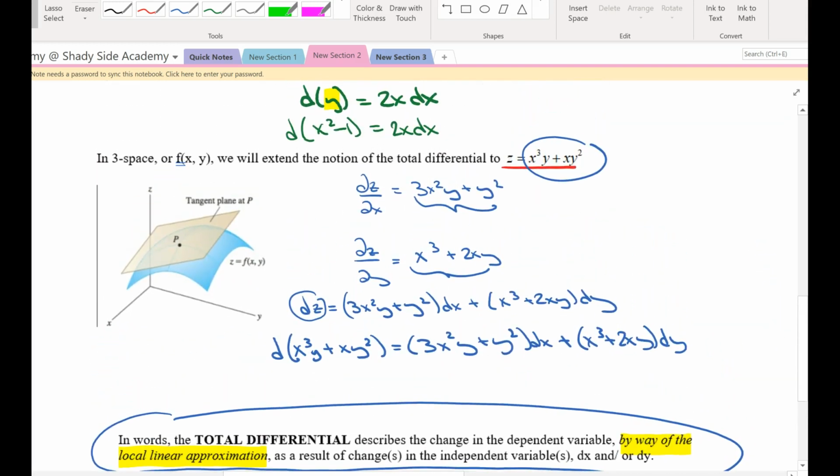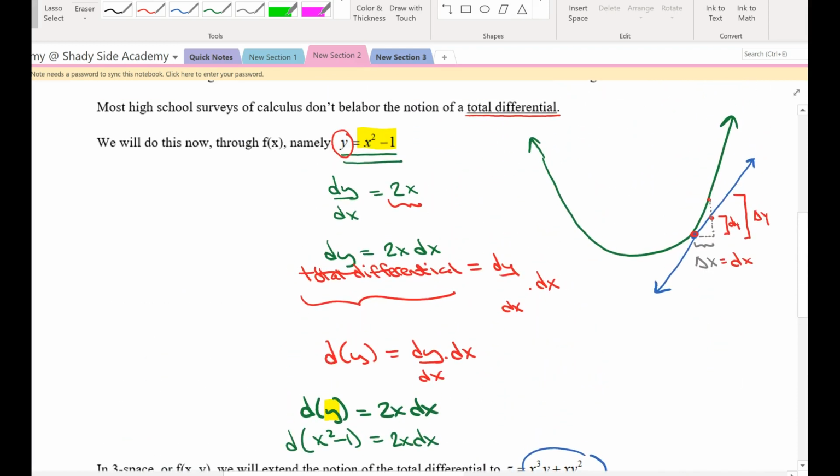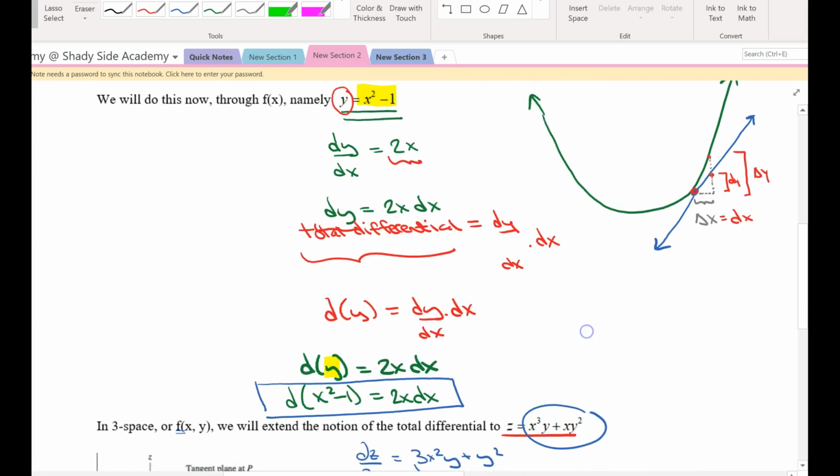Before I move on to the actual lesson now, there's one thing that I want you to make sure you see. You probably see it very clearly here. Everyone here sees that when I write the total differential statement like this, it is abundantly clear, I think, that these two things here, the x squared minus 1 and the 2x, share a relationship. Namely, this left-hand side is the antiderivative of 2x after all.